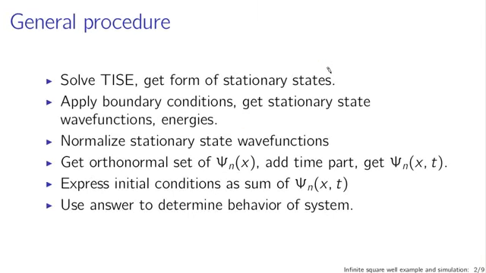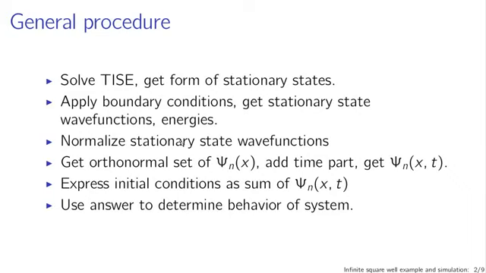So, the general procedure that we've followed, or will be following in this lecture, is once we've solved the time-independent Schrödinger equation, we get the form of the stationary states. Knowing the boundary conditions, we get the actual stationary state wave functions and their energies. These can then be normalized to get true stationary state wave functions that we can actually use.